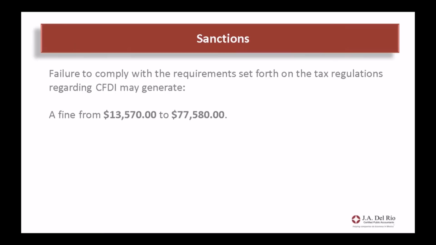This is in the federal tax code, and it is regarding not issuing CFDIs or not including all the requirements in the federal tax code, regulation or miscellaneous rules. I mentioned that all these requirements are in several documents. This fine could be applicable to all of these requirements, so definitely it is something to take care of.